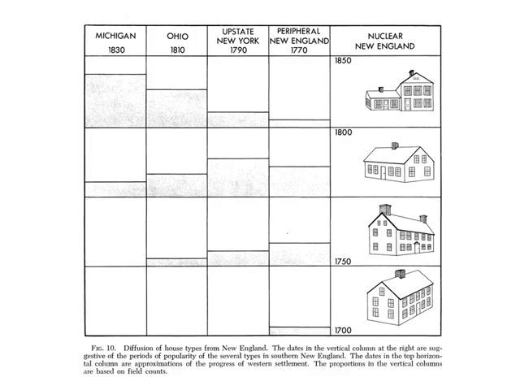Again, looking synchronically and diachronically, we can map out the migration or the diffusion of these different house types from New England out across west through New York, Ohio, and eventually to the upper Midwest. And here you'll see this L house with the addition on the side that I just mentioned becomes very common in the Midwest.